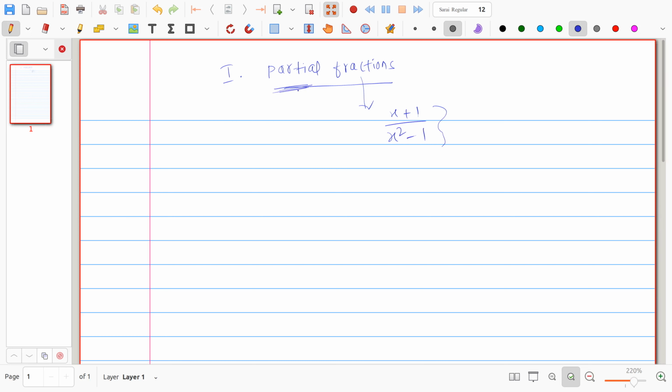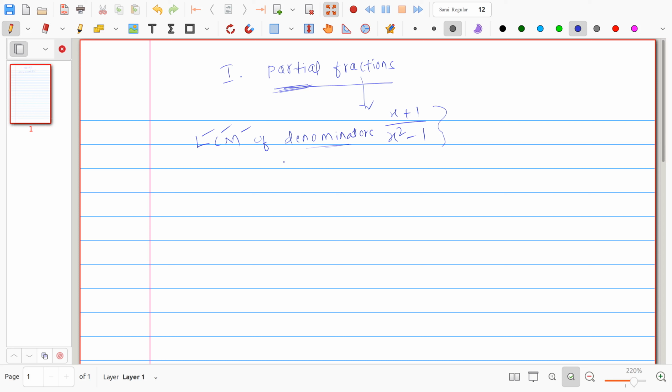Before discussing partial fractions, we must understand what the LCM is. LCM is the least common multiple of the denominators. The LCM will be taken for the denominator terms.